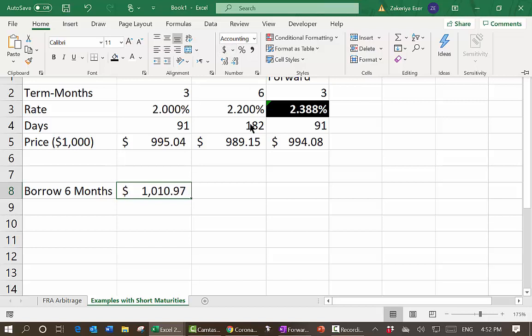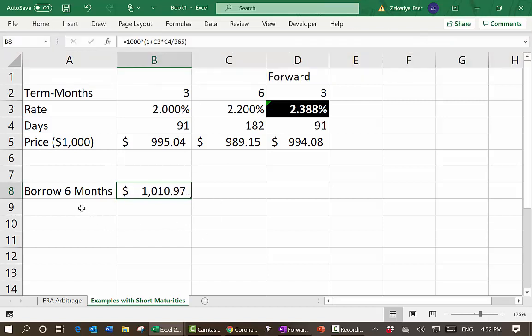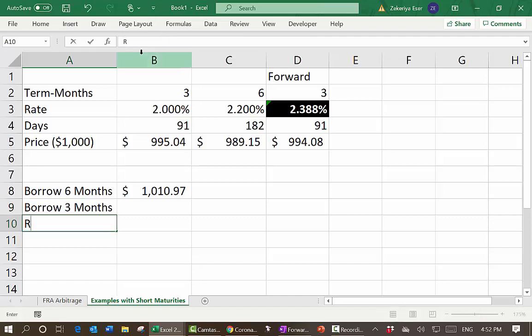That's $1,010.91. The alternative is to borrow for 3 months and roll over at the forward rate.